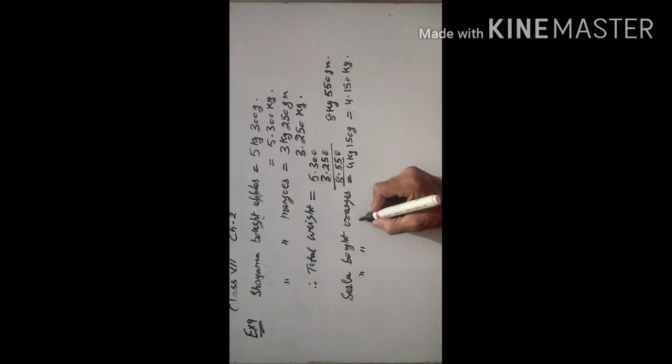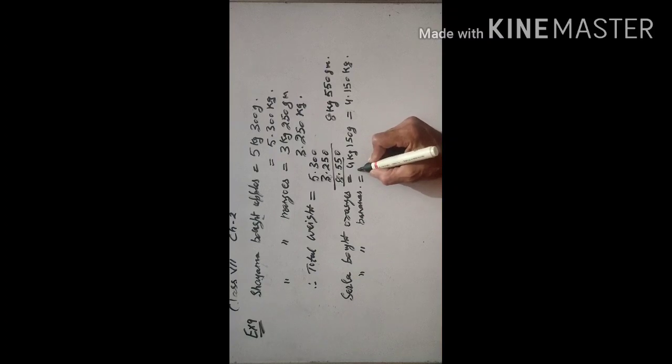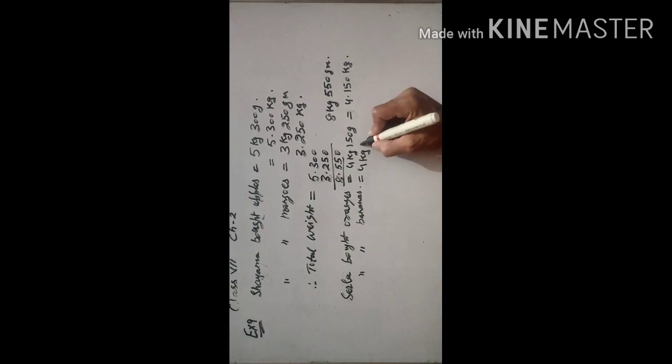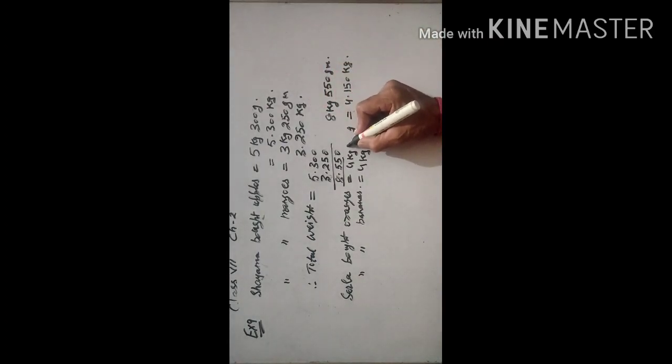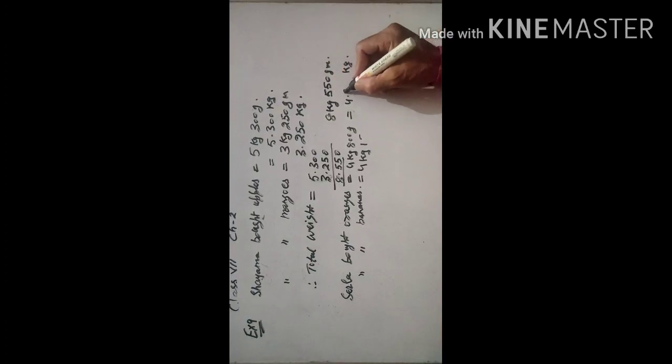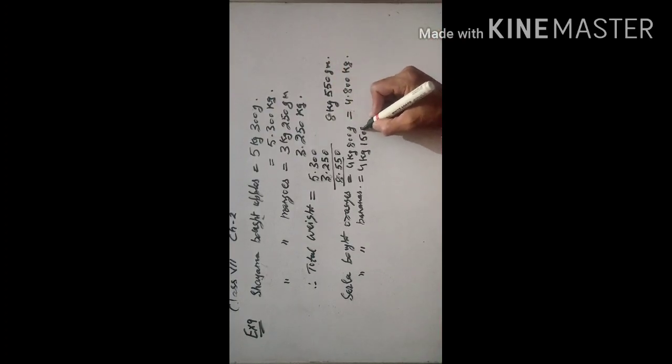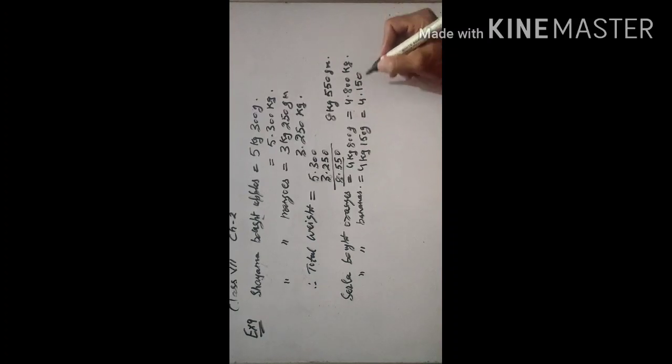Add this: that is 8.950 kg. Who bought more? Sarla bought more fruits.